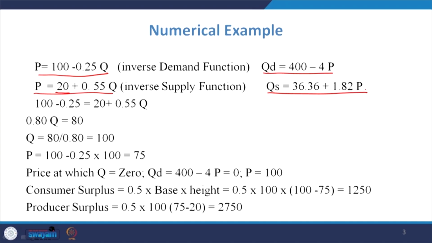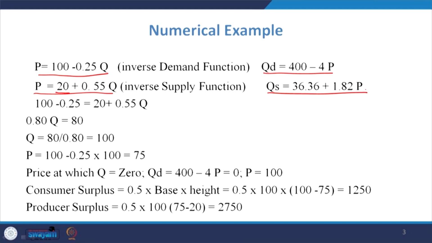is the supply function, and we can estimate the equilibrium level of price and quantity by using both the functions. Either you can take the price functions, or you can take the demand function and supply function to calculate the equilibrium level of price.